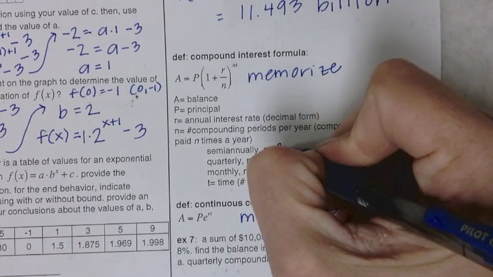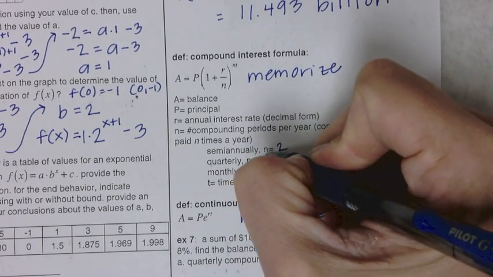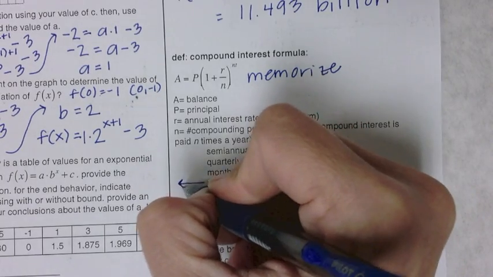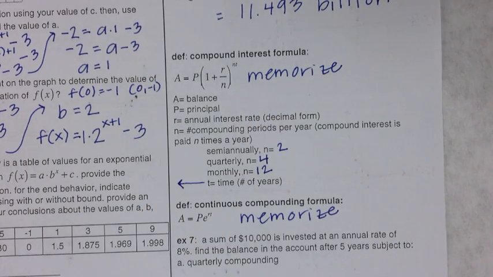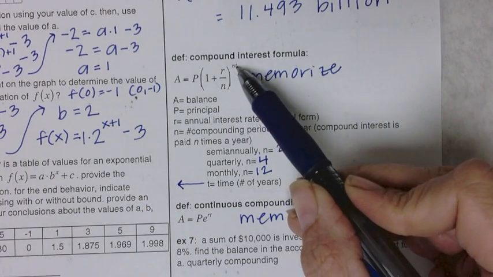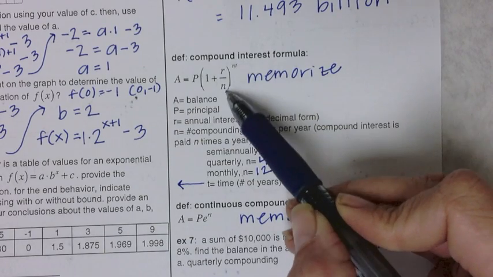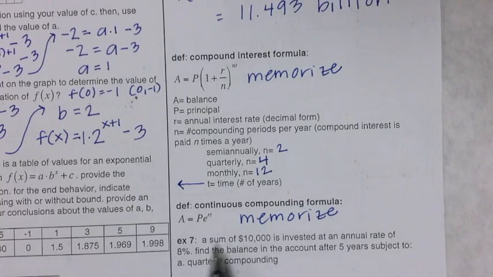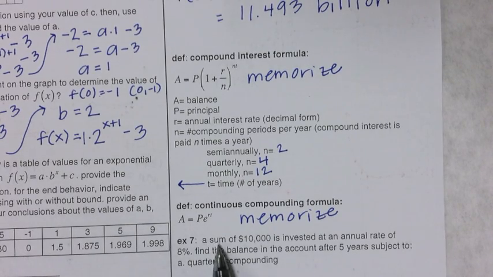So semi-annually is 2 times a year, quarterly is 4, monthly is 12. And the last one is t. T is the number of years. So you see there are actually 2 n's in this formula. We'll go over compounding continuously in a minute.